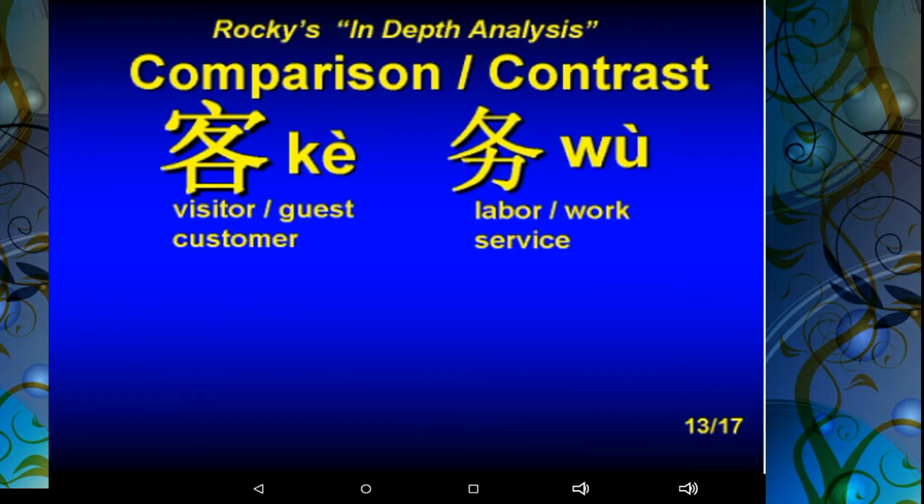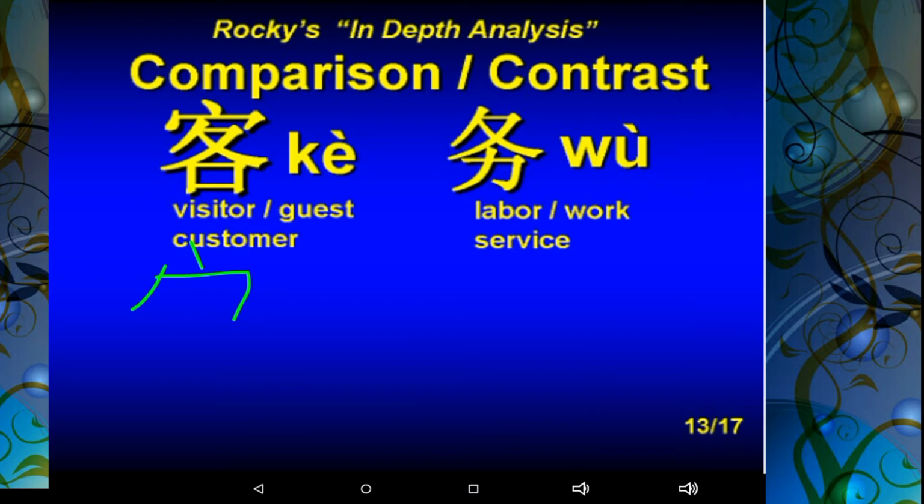Now let's take a look at these two characters, because I want to give you some in-depth analysis and compare and contrast these two characters. Now the first character, ke, looks like this, right? Its stroke is 1, 2, 3. 3 strokes.